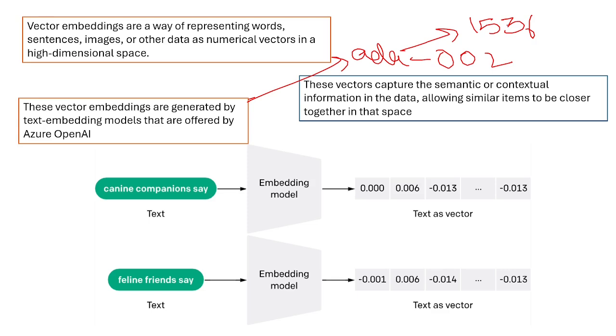The more dimensions there are, the better you have captured the underlying semantic or contextual information contained in the data.